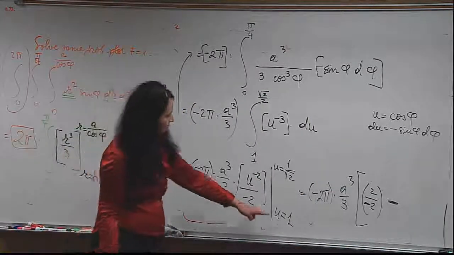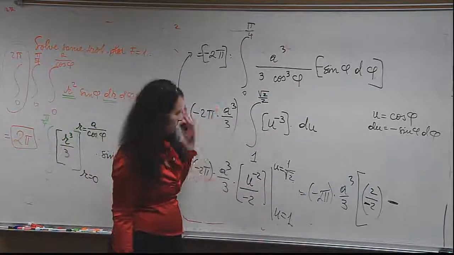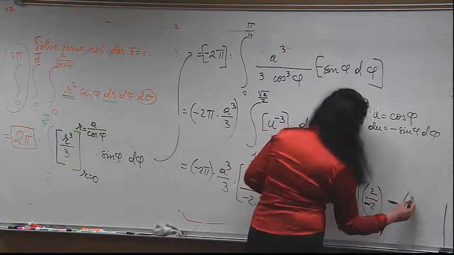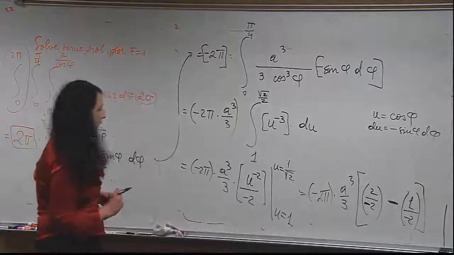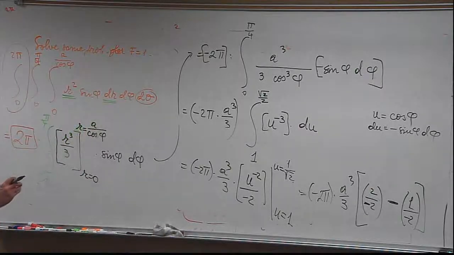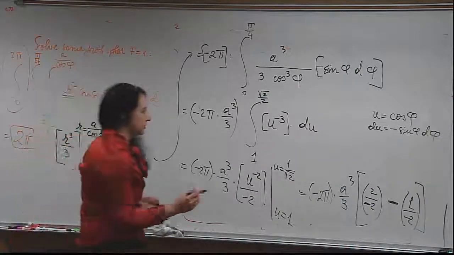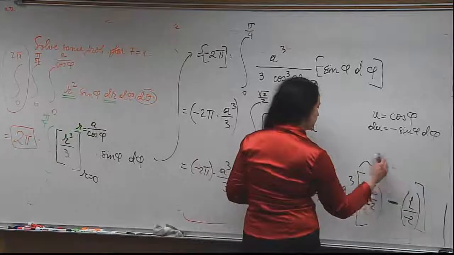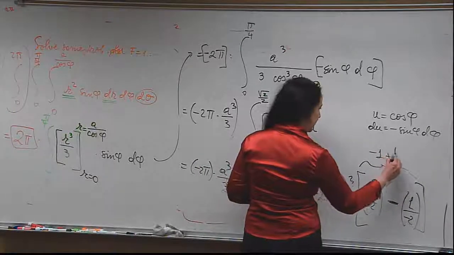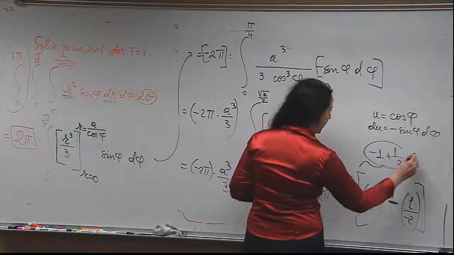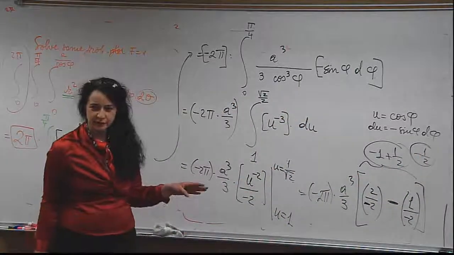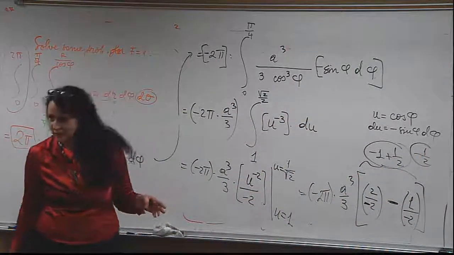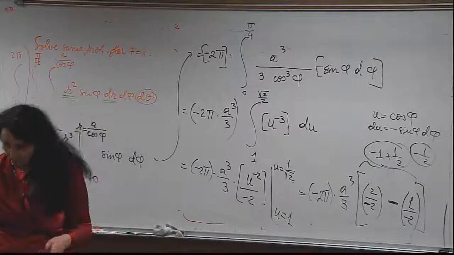What do I have here? 1 over minus 2. In the end, what does this mean? When I plug in, I subtract: this is minus 1 plus a half, which is minus a half. But that minus should not scare me, because of course a minus in a volume would be completely wrong.